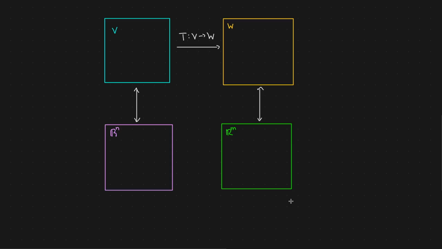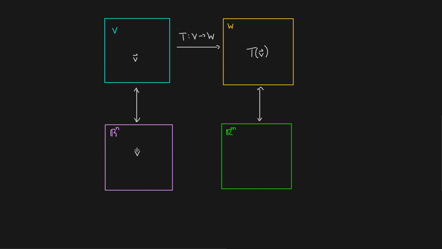So in particular, if we have some vector v here, then applying the transformation this way, we will get T of v. And let's let these isomorphisms be the isomorphism to the coordinate vector of v with respect to the basis that we've already defined in the vector space.